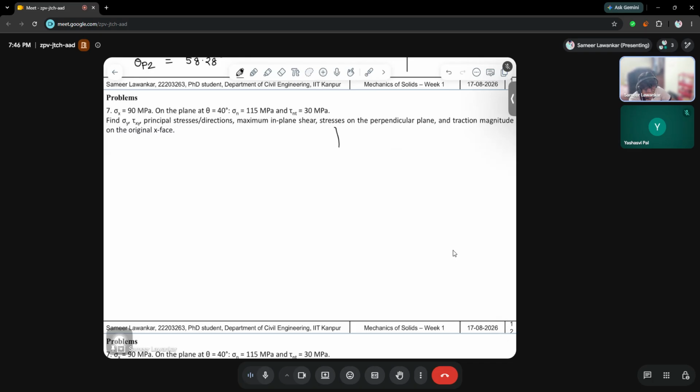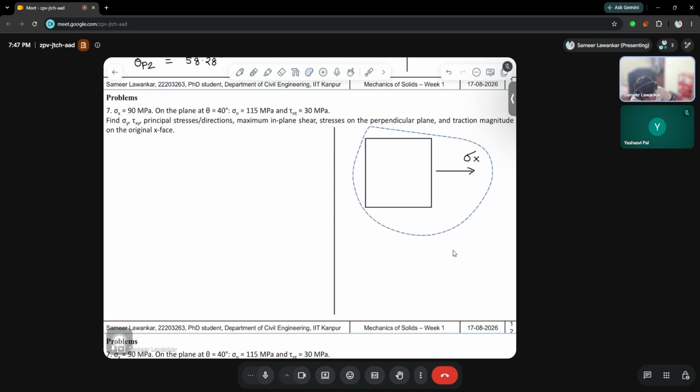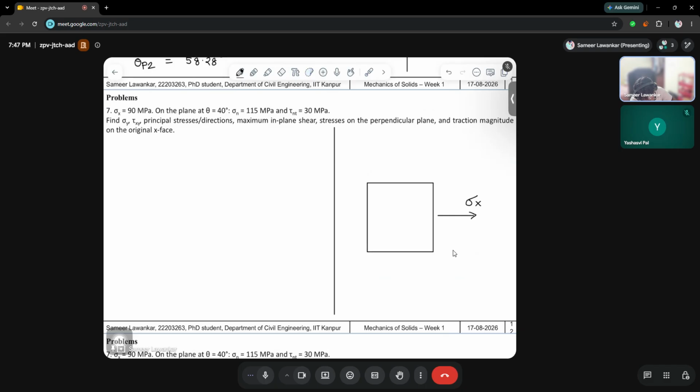Just for a quick revision, so that we are clear with all the concepts we are trying to understand. Let us suppose there is a big square with some delta A. The stress acting in this direction is called sigma x. The stress acting in this direction is called sigma y.